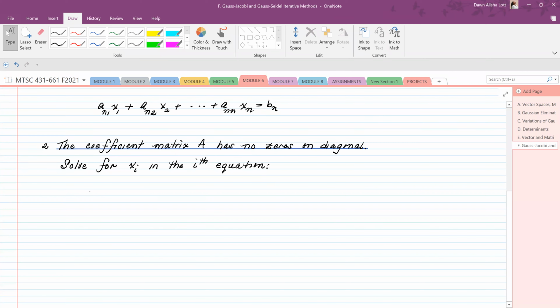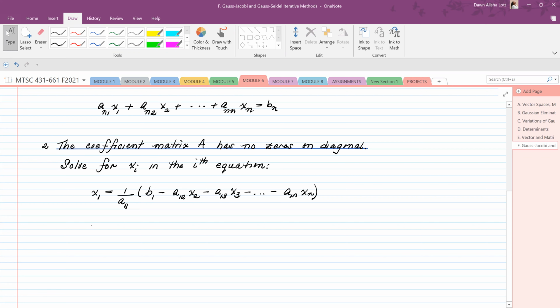It looks like x1 is 1 over a11 times b1 minus a12 x2 minus a13 x3 minus dot, dot, dot, minus a1n xn.